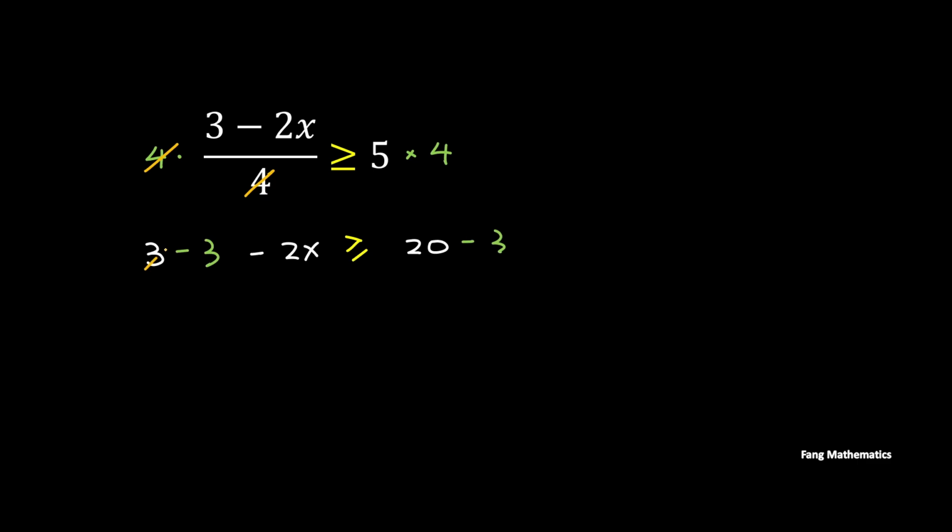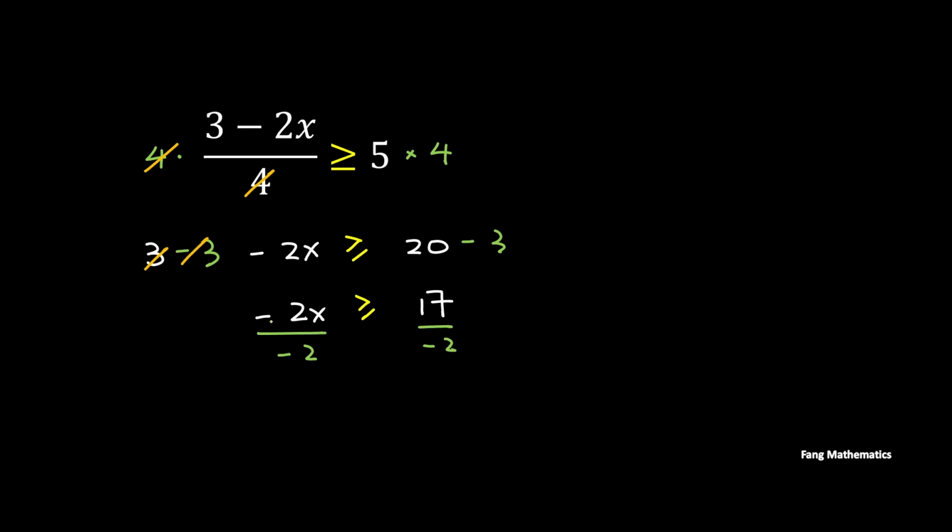And that should have your 3 and -3 eliminated, leaving you -2x on the left and 17 on the right. We are performing subtraction, so keep the sign unchanged. The last step, we are to divide both sides by -2 to eliminate the coefficient attached on x.